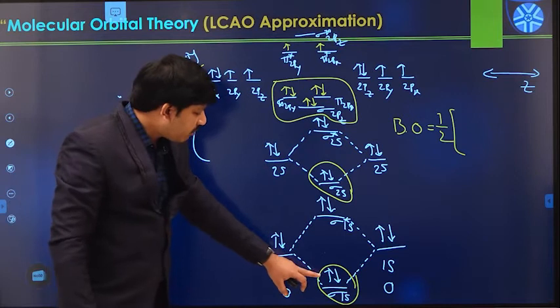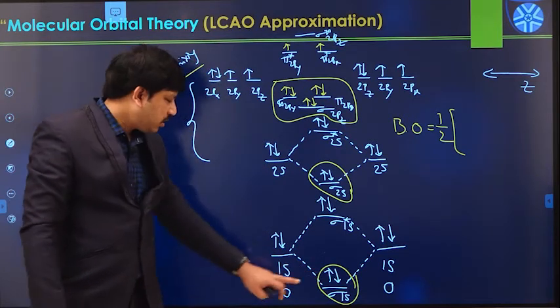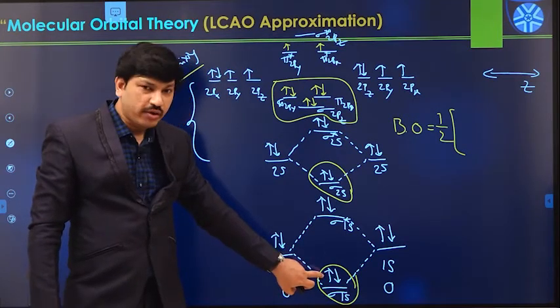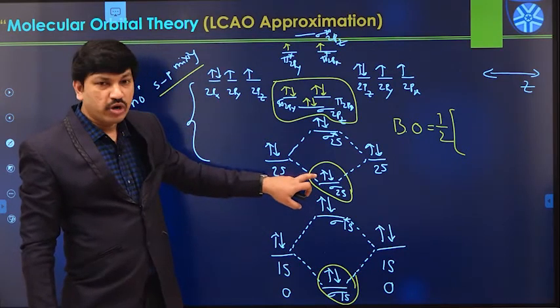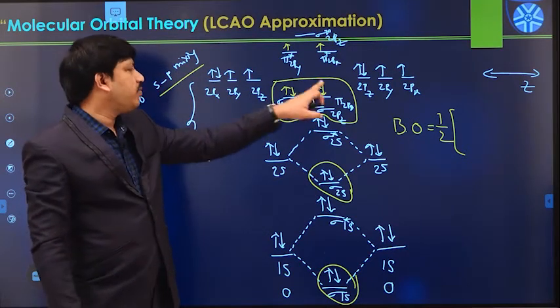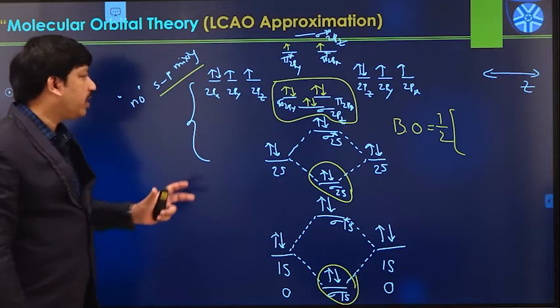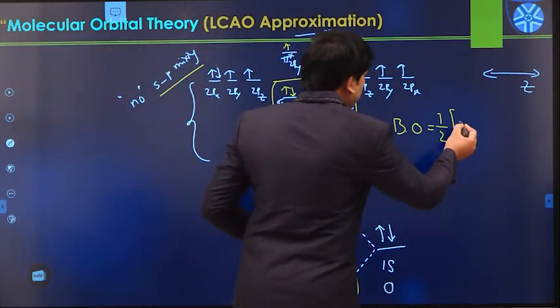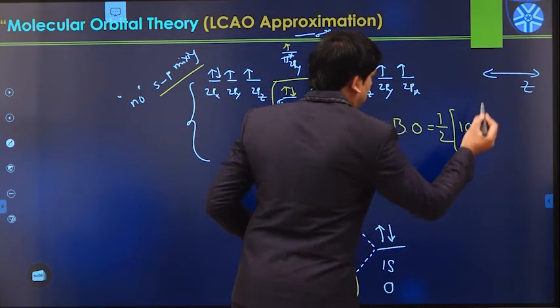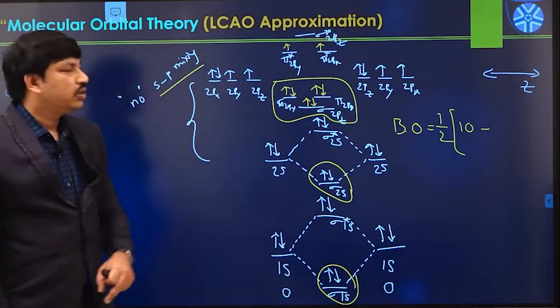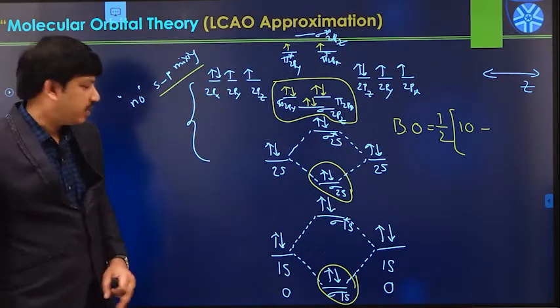Now let us see how many electrons are available in the bonding orbitals. In these bonding orbitals we have 2 electrons. In this case we have 2 more electrons, total 4, and here we have 6 electrons. Then how many total bonding electrons? Total 10, minus the number of antibonding electrons.